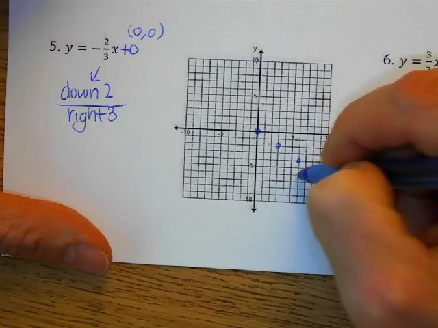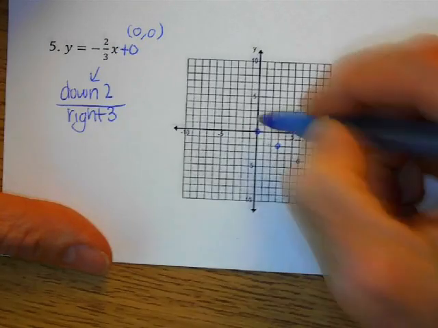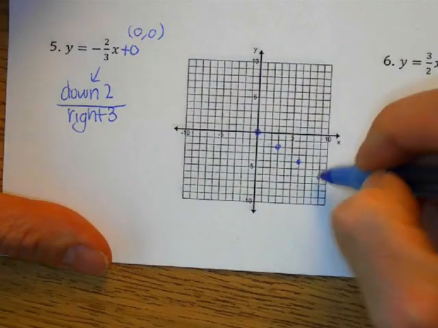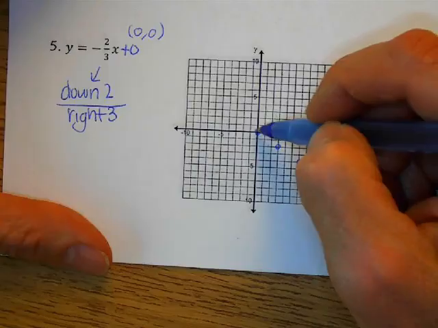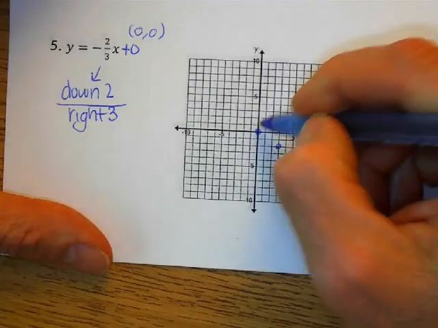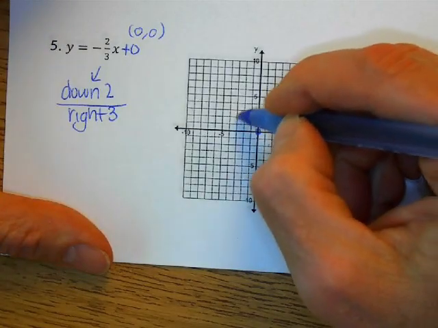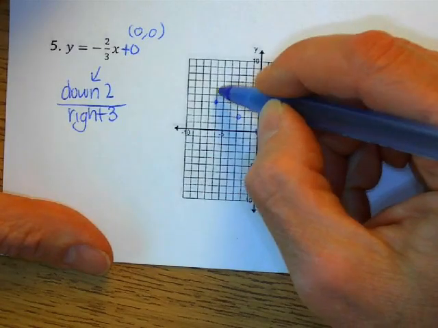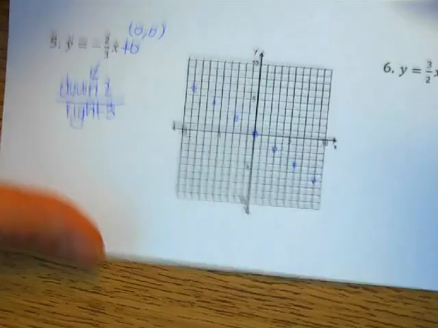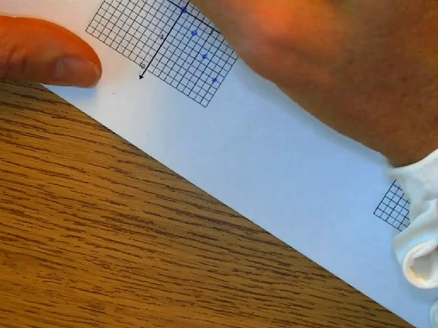Down 2, to the right 3. Okay, so we're always either going up and to the right or down and to the right until we go completely backwards. So up 2, 1, 2, 3, back 3. And we can connect those.